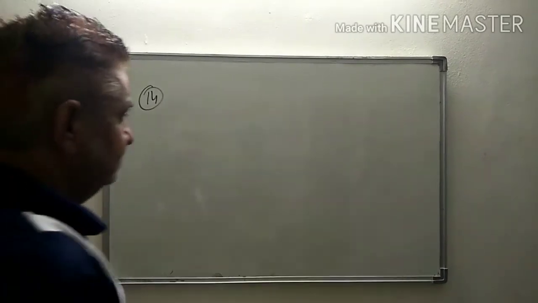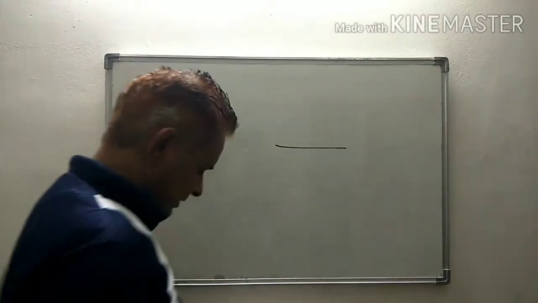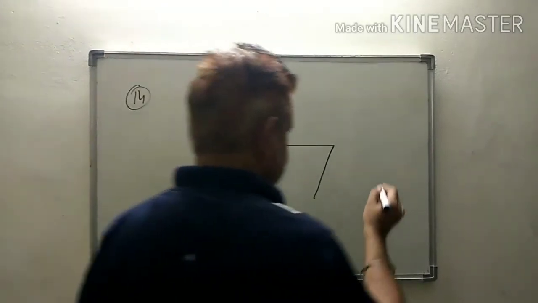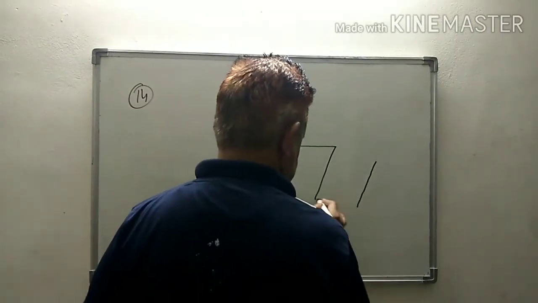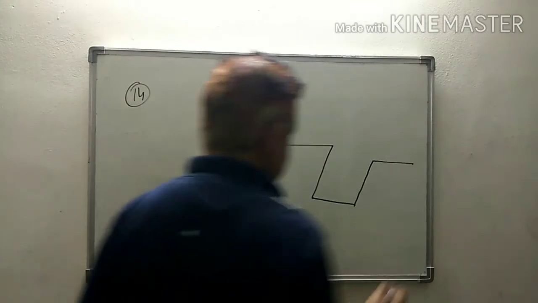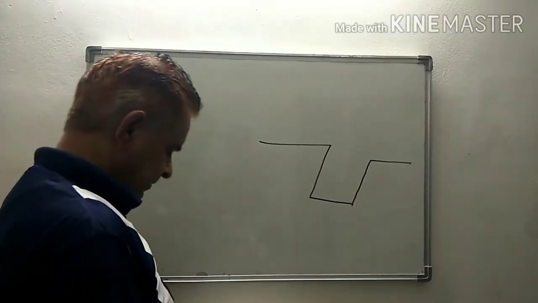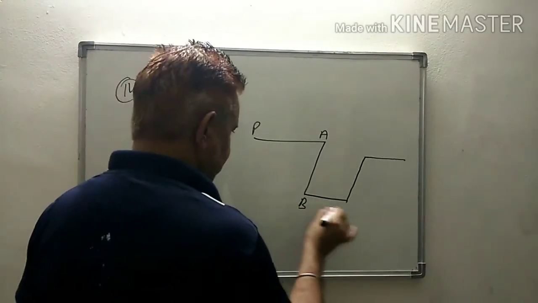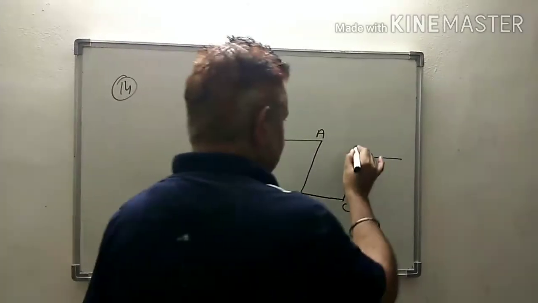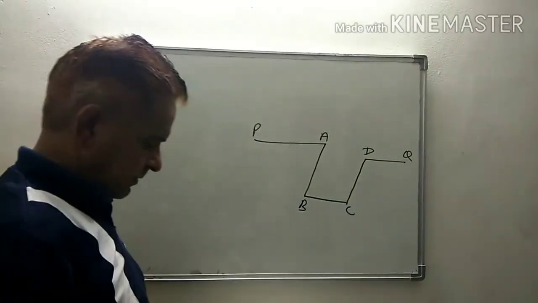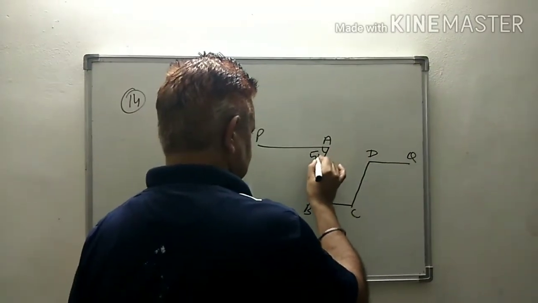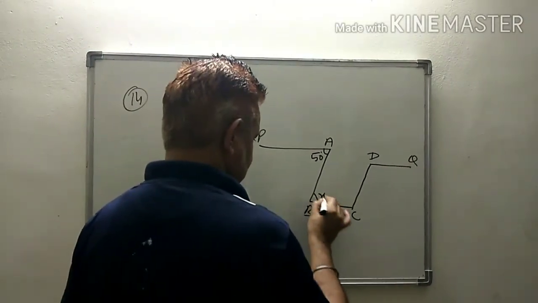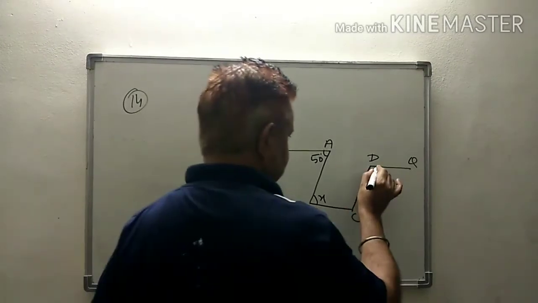In the adjoining figure, this figure is given just like this, with points P, A, B, C, D, Q. This is 50 and this is x and this is y.